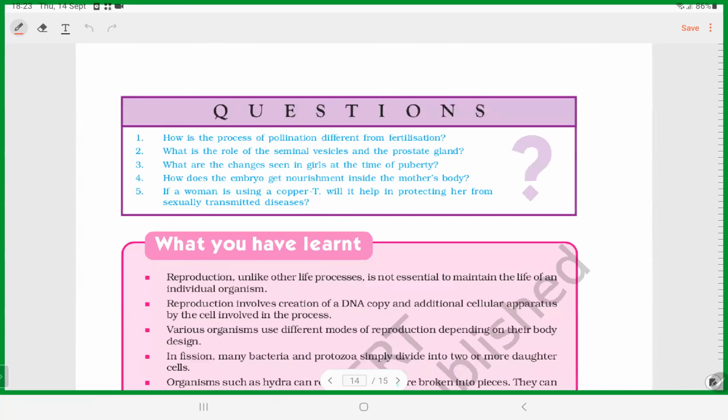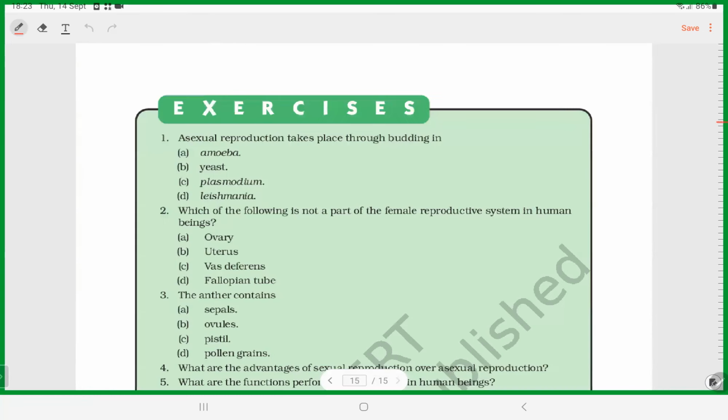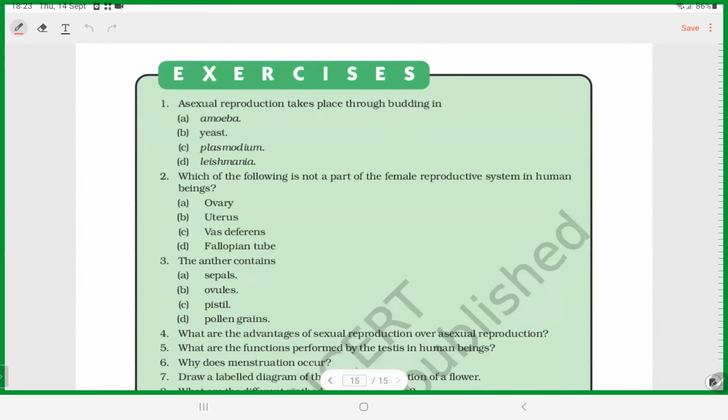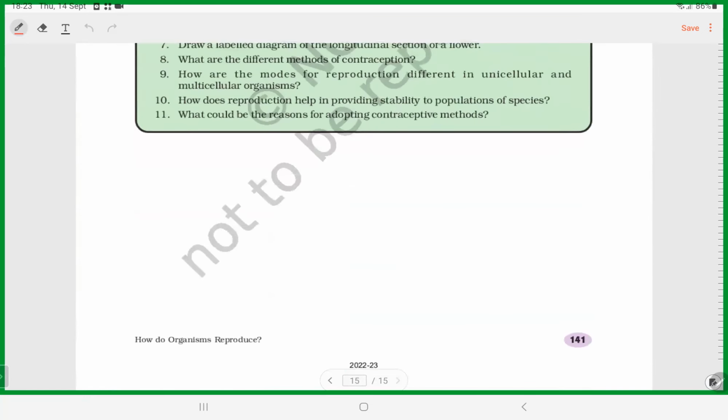I'll find some space and write it here. Events in reproduction. You can say the processes, steps in human reproduction.